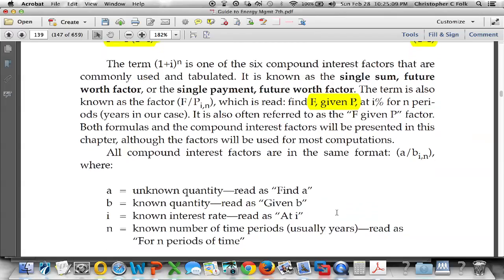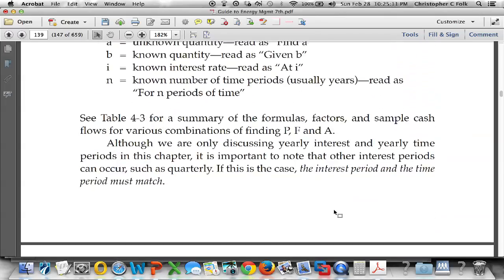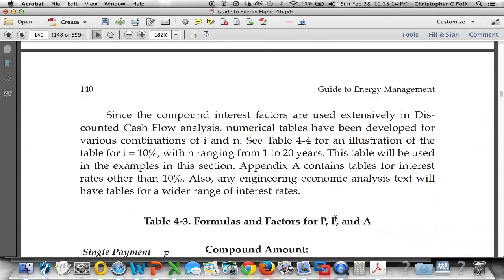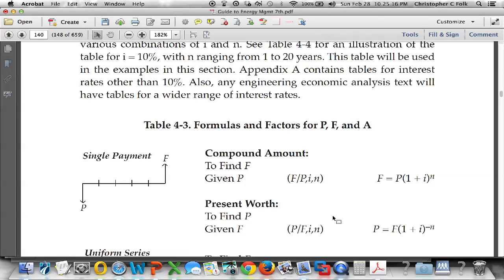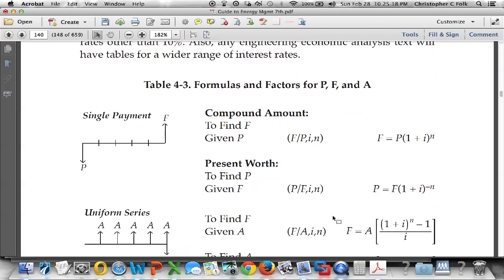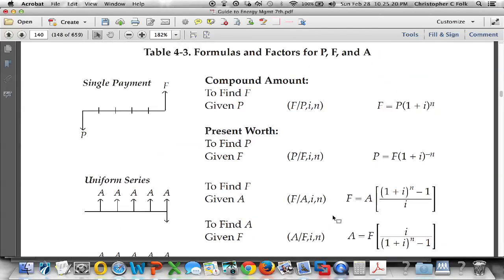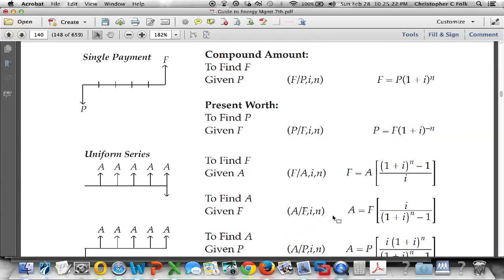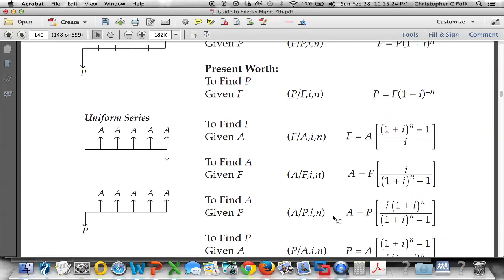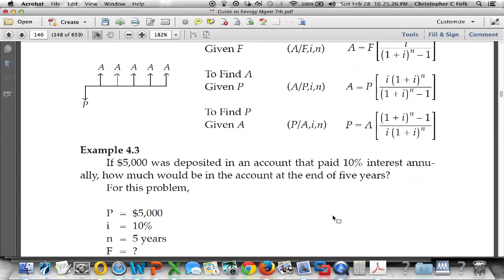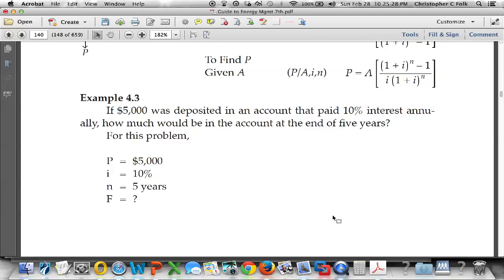So let's take a look at our first example. Here's a list of all the different types of formulas and factors that we're going to be using, and wow, this is pretty complicated looking. Here's our first example, 4-3.